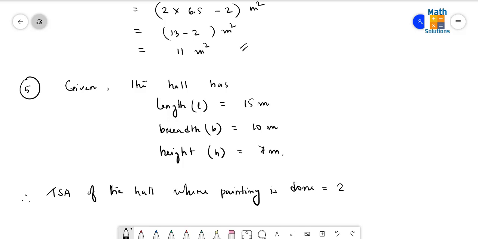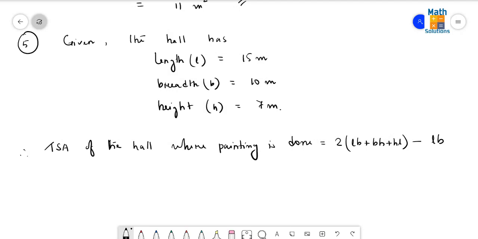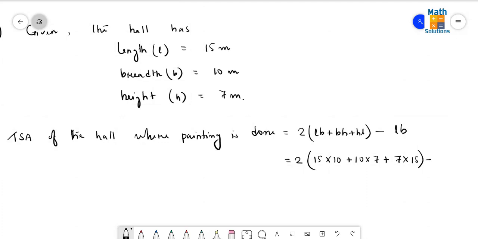that is equal to twice LB plus BH plus HL minus LB, because the floor is excluded, therefore it has to be subtracted. So after putting the values, what we shall get? 15 into 10 plus 10 into 7 plus 7 into 15 minus 15 into 10 meters square.